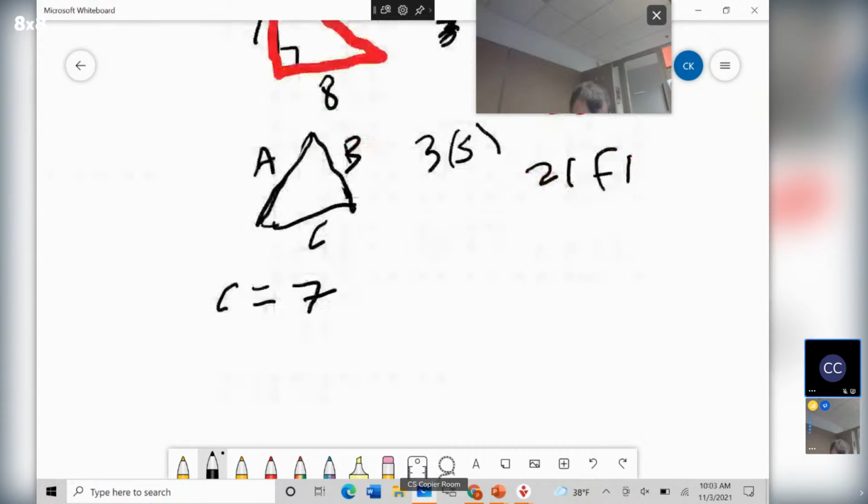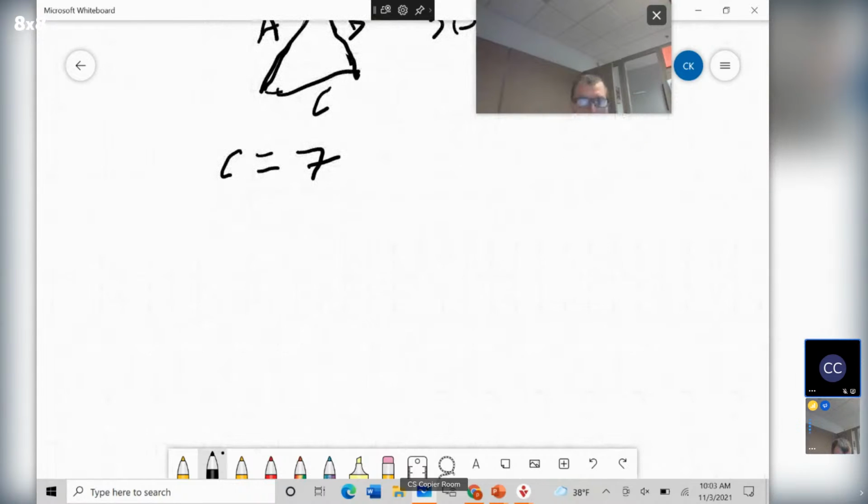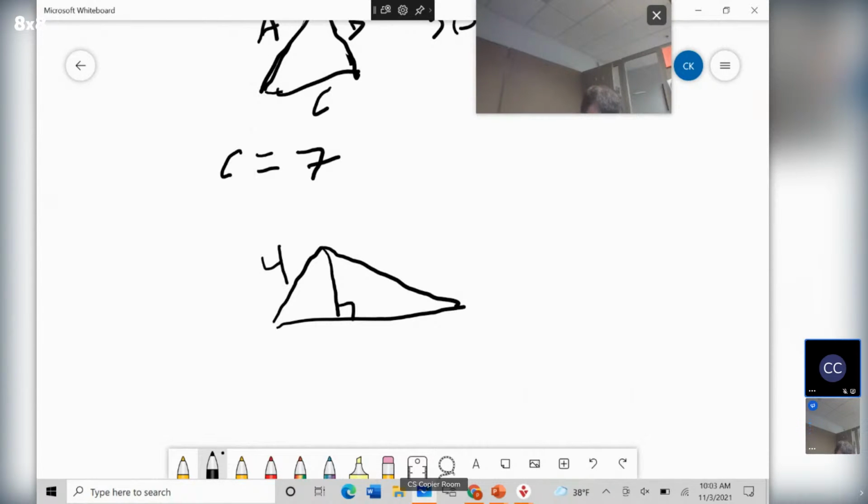Let's do one more perimeter. Remember, perimeter, you're just adding all three of the sides. So if we have this one, a triangle might look something like that. And say this side is 4, this side is 7, and this side is 10.